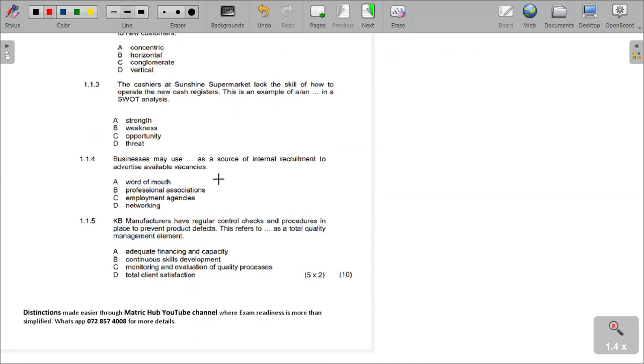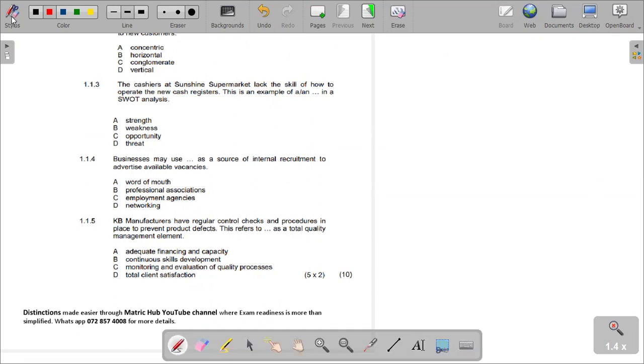Some of the answers are there but not exactly the best, so ensure that our answers are the best by going through the various options that are given. So that is it.